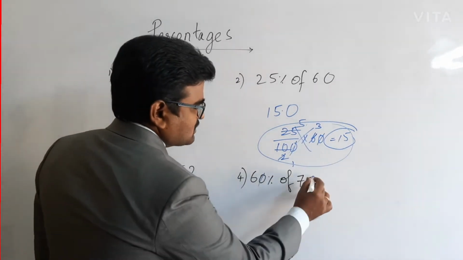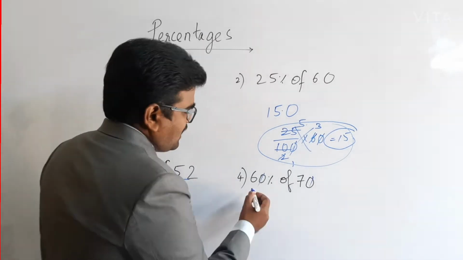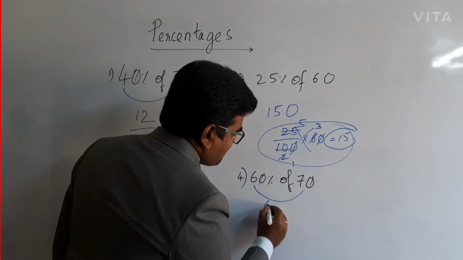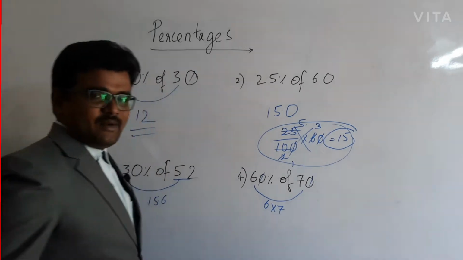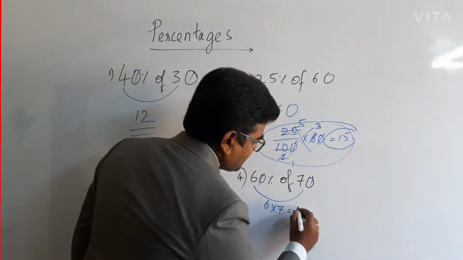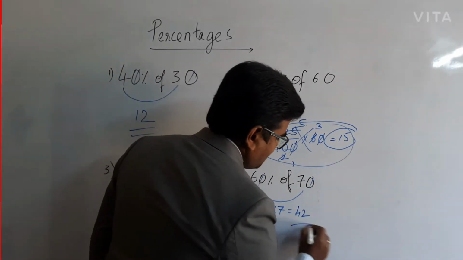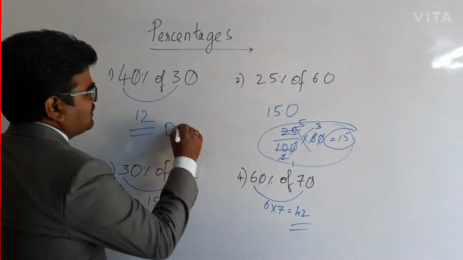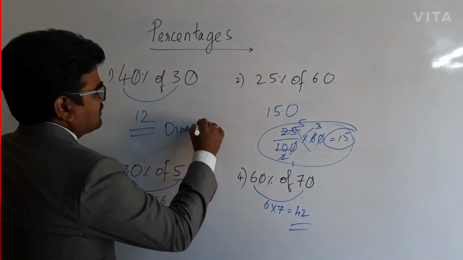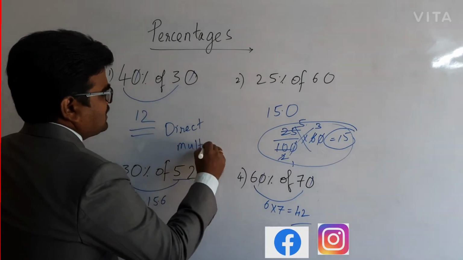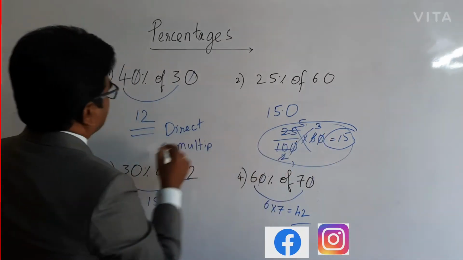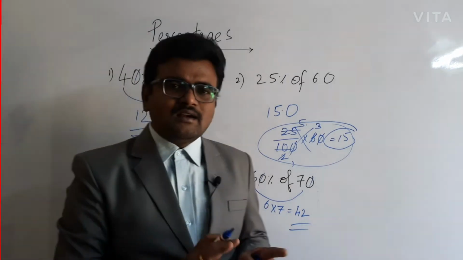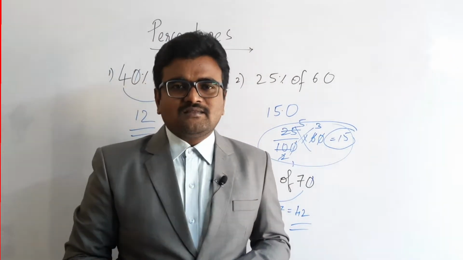Cancel the 2 zeros and directly multiply 6 into 7. 6 sevens are 42. Friends, this is very easy. It's nothing but direct multiplication. Rather than the traditional manner, you can multiply directly.